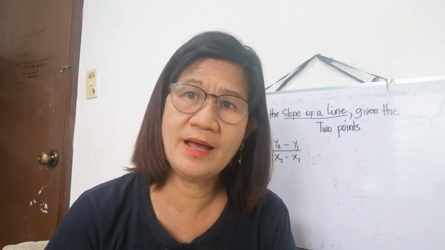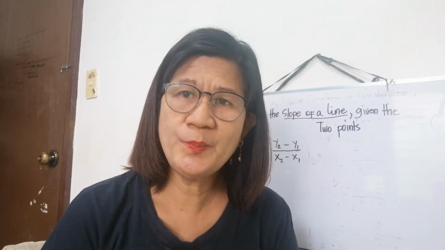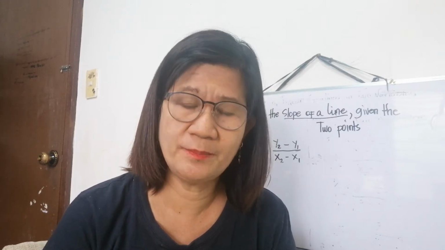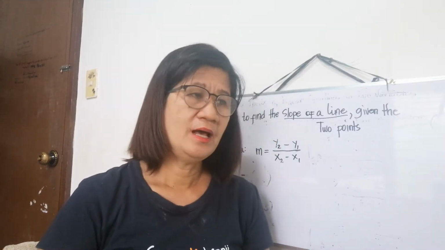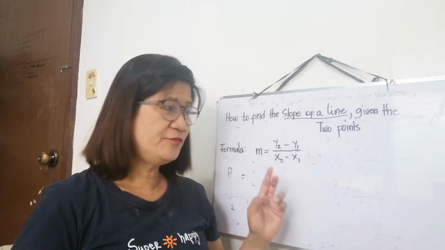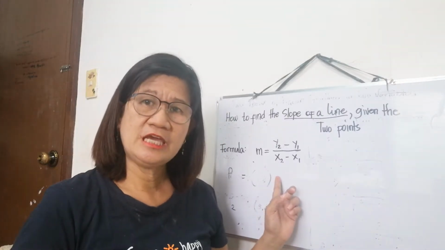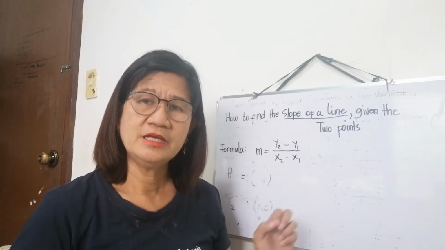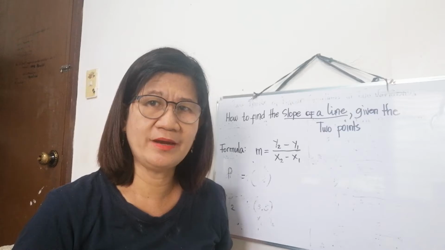So tandaan niyo ha, finding the slope of a line given the two ordered pairs. So ngayon, ipipresent ko sa inyo yung formula. This is the formula to be used in computing the slope of a line given the two ordered pairs.